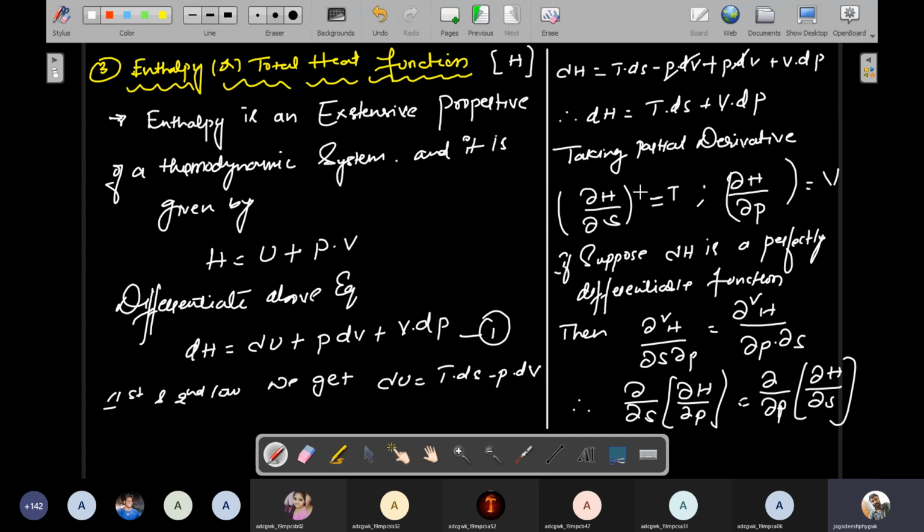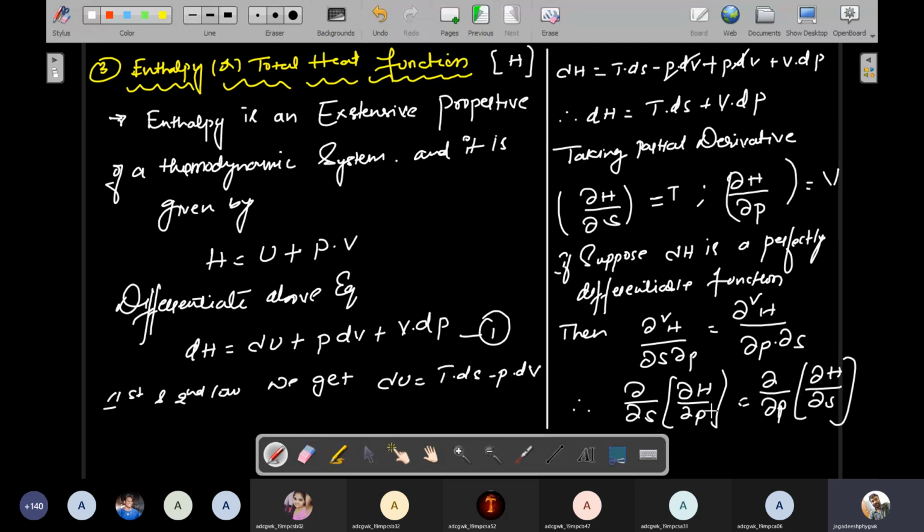You can understand that every function is derived using the combination of the first and second laws of thermodynamics: dU = T·dS − P·dV. Substitute into dH = dU + P dV + V dP, then finally we get dH = T·dS + V·dP. Taking the partial derivatives, ∂H/∂S = T and ∂H/∂P = V. If H is a perfectly differentiable function, it obeys the condition ∂²H/∂S∂P = ∂²H/∂P∂S. So from this we write ∂/∂S of (∂H/∂P) is equal to ∂/∂P of (∂H/∂S).